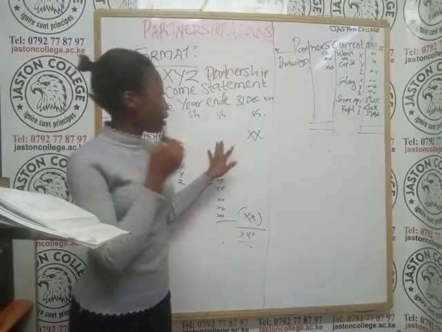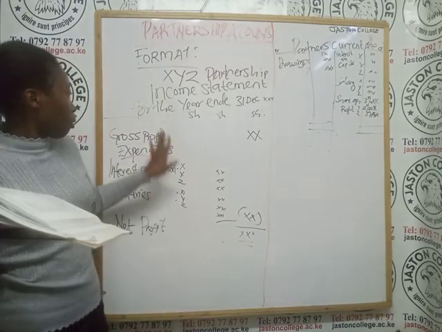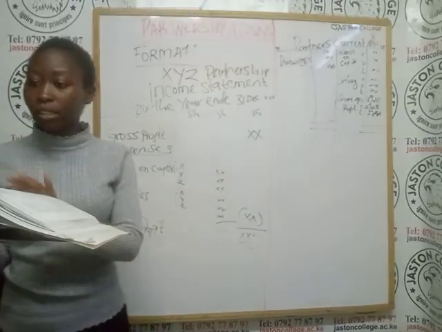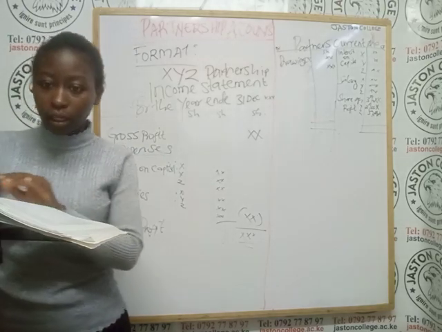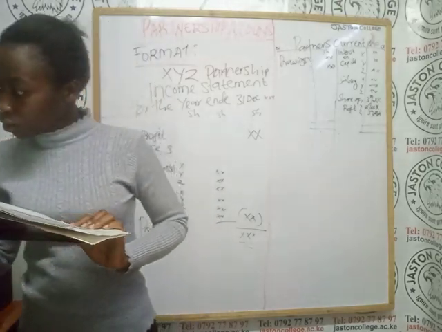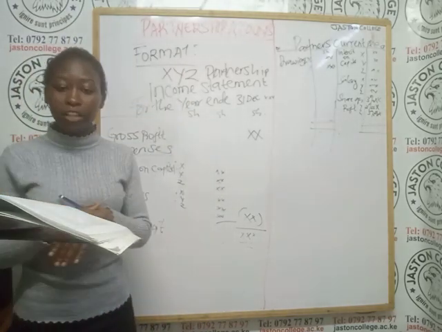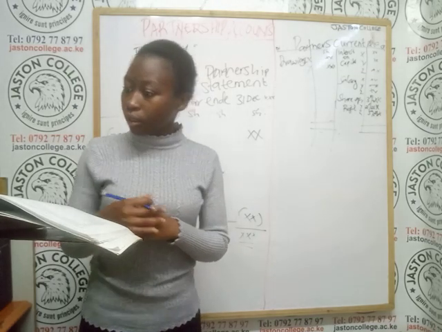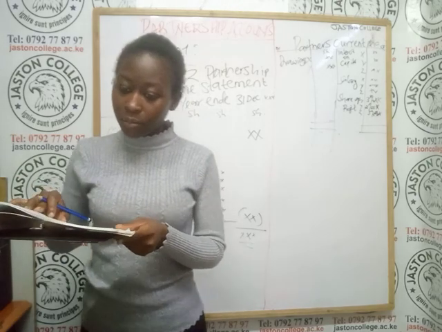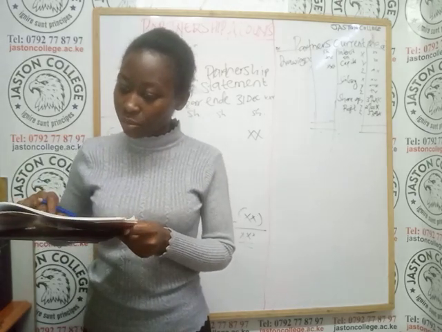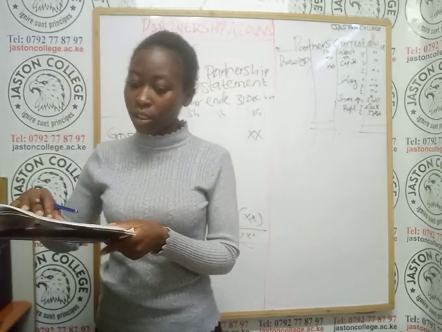So we are going to do an illustration question from the partners' account. I have a question here from November 2017, question number 3. It reads, Alex, Brian, and Charles are in a partnership, sharing profit and losses in the ratio 3:2:1, respectively.